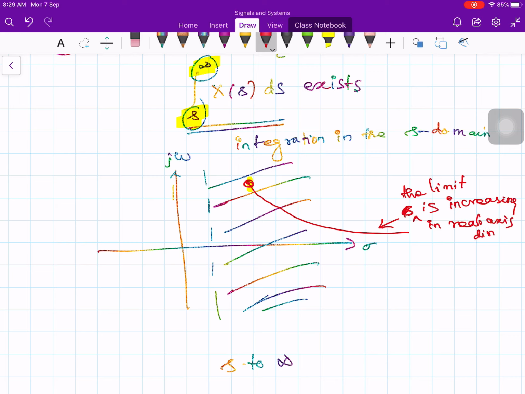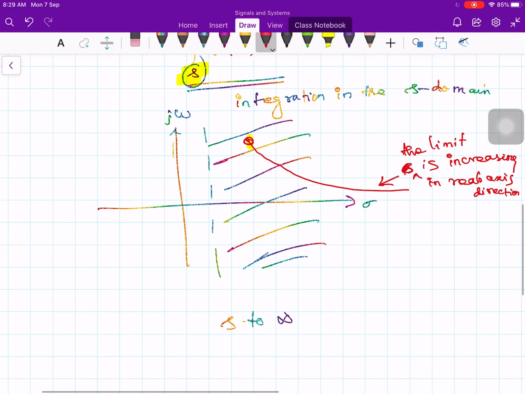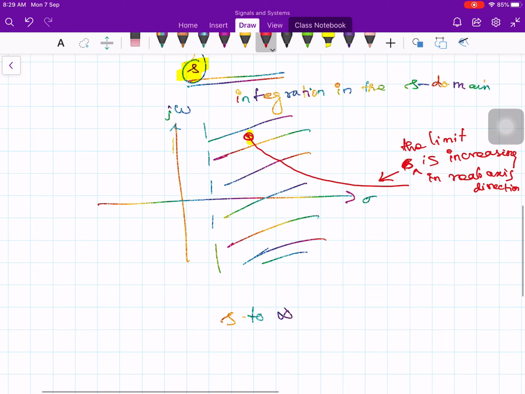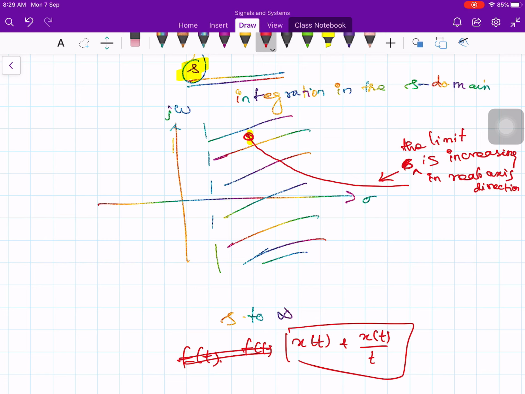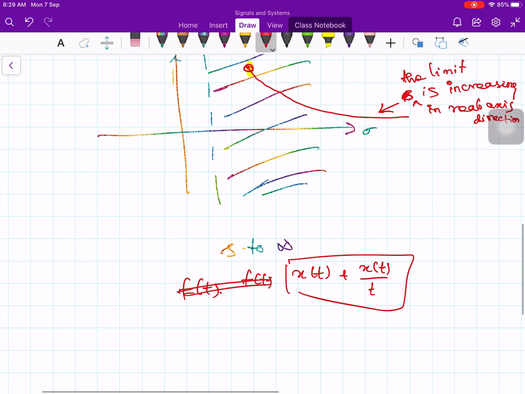We also assumed that both x of t and x of t by t are Laplace transformable. So if it is Laplace transformable, then this has a Laplace transform and this one also has a Laplace transform. That we will find out, or we will derive it.